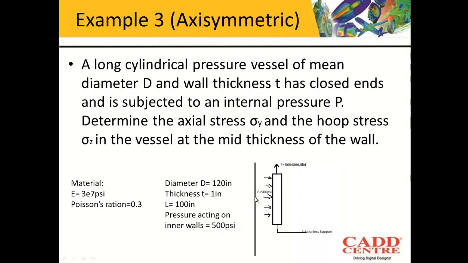Now, because we have to consider that the pressure vessel is closed from both the sides, we are going to apply one axial pressure force which is 5654866.8 lbf. Now, why are we considering this?